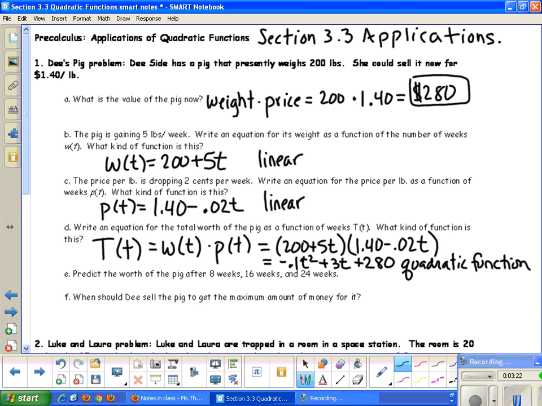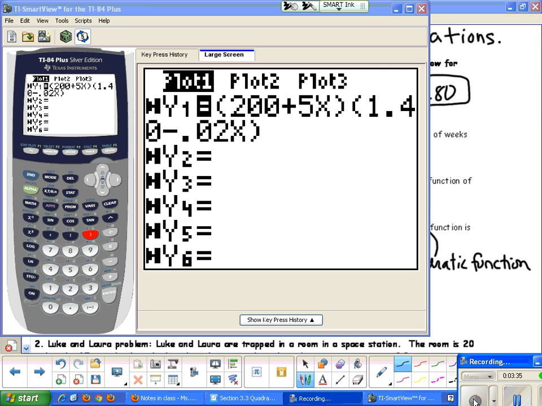For E, predict the worth of the pig after 8 weeks, 16 weeks, and 24 weeks. That means we're plugging in 8 for t, and then 16, and then 24. The easiest way to do this is probably to get out the calculator. In your calculator, press Y equals and plug in the equation like we have here.